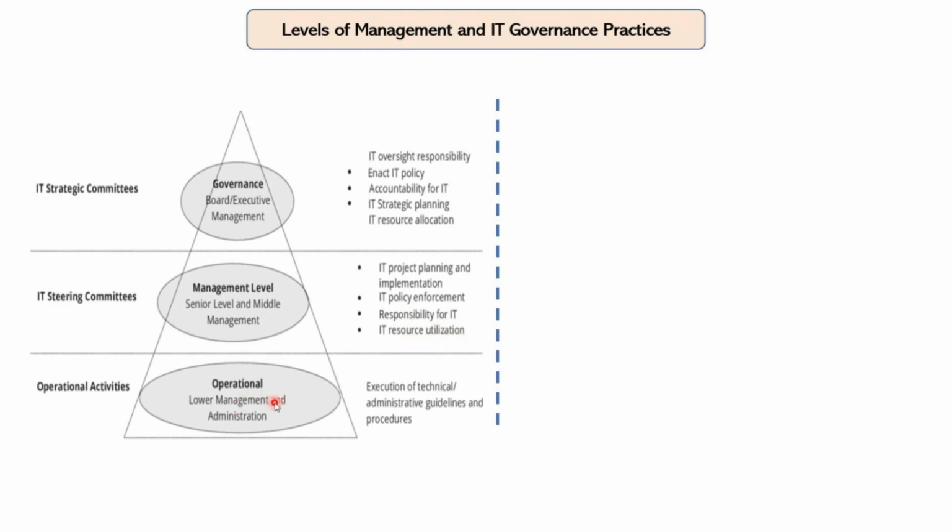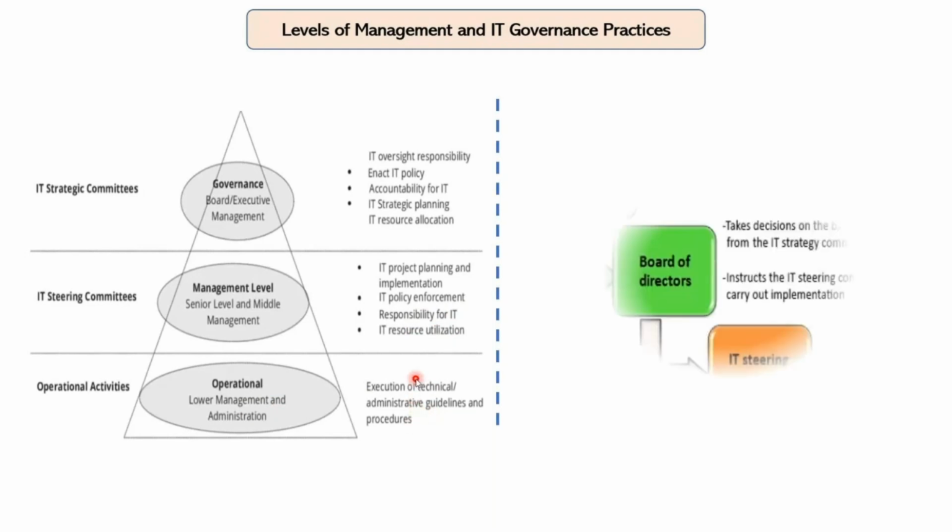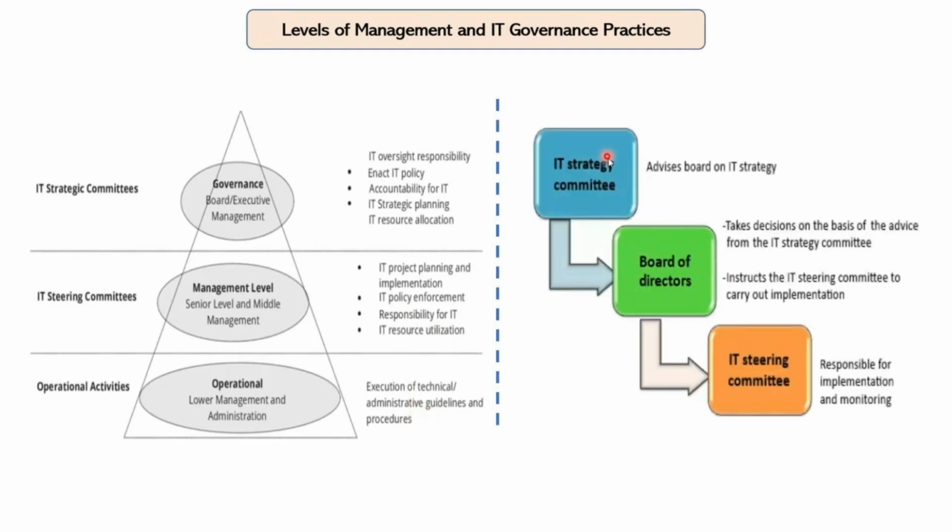At the operational level, execution of technical, administrative guidelines and procedures. Very nice picture. So the IT strategy committee advises the board on IT strategy. The board of directors takes decisions on the basis of the advice from the IT strategy committee, instructs the IT steering committee to carry out implementation, and the IT steering committee is responsible for implementation and monitoring. Okay.